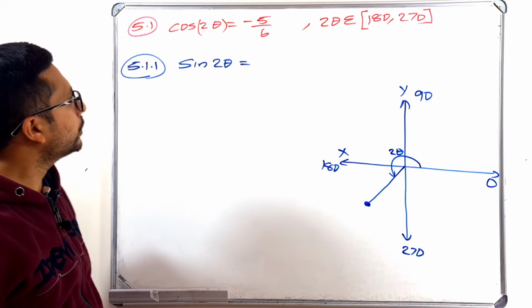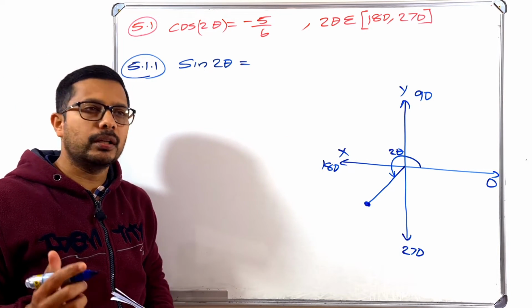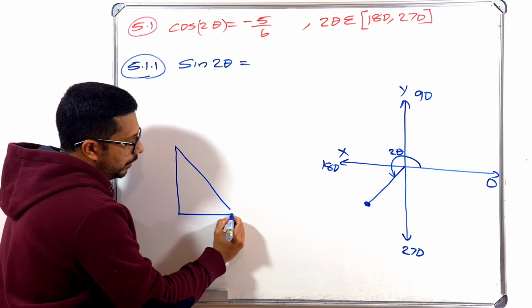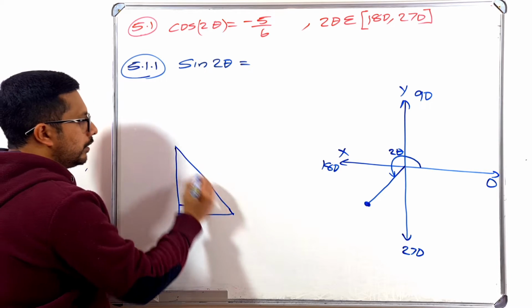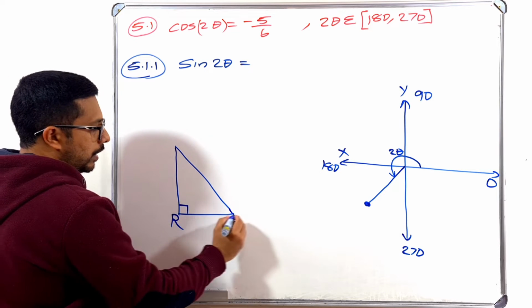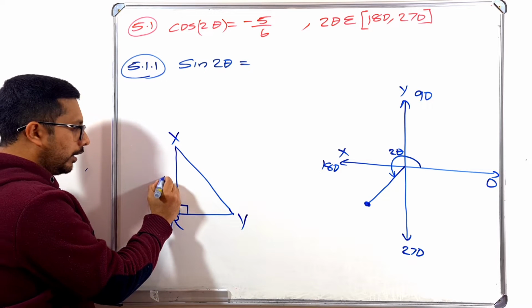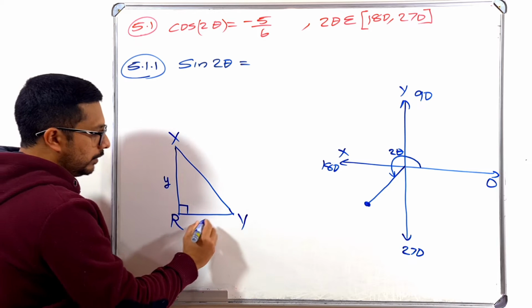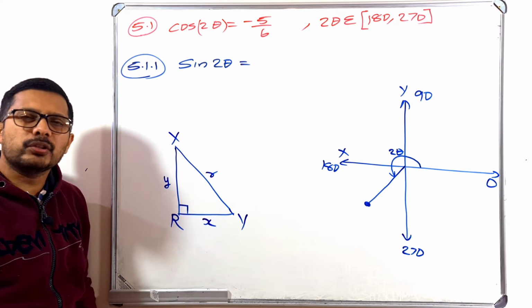Now maybe in your school you studied opposite side. Assume that this angle is 90 degrees, and let me call this side r. This is capital Y and this is capital X. This side is small letter y and this side is small letter x, and this one is r. Try to practice like this.